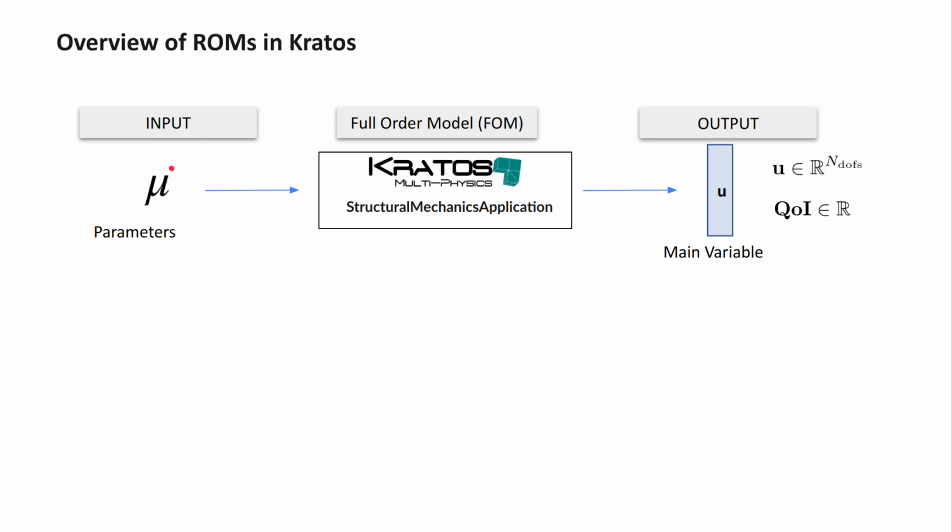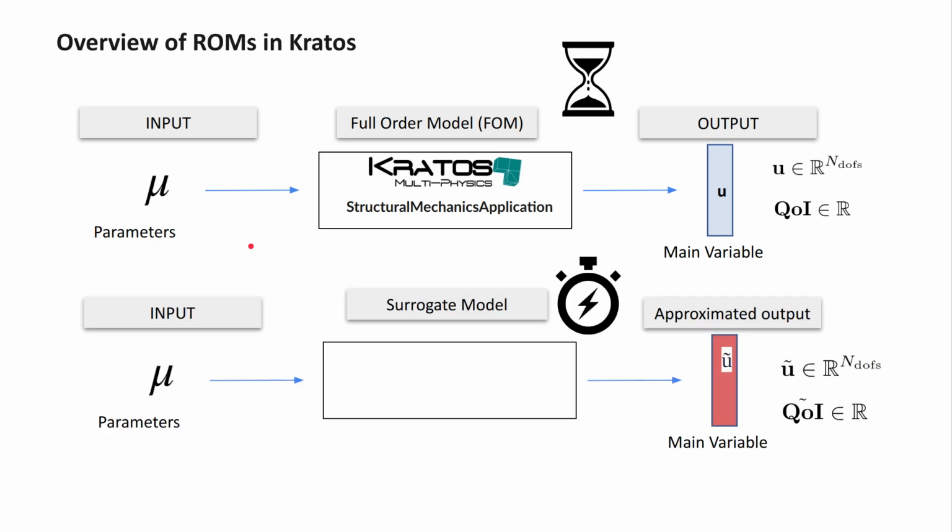Mu encapsulates the parameter variations that could be, for this structural mechanics example, boundary conditions, loading conditions, or material properties. So if I change the loading or the material, I want to see how the displacement or some other quantity of interest change.